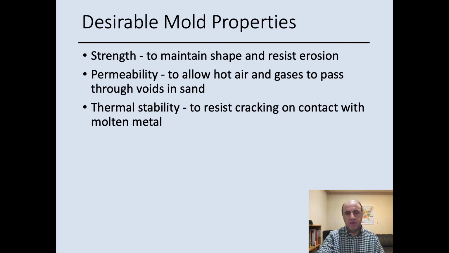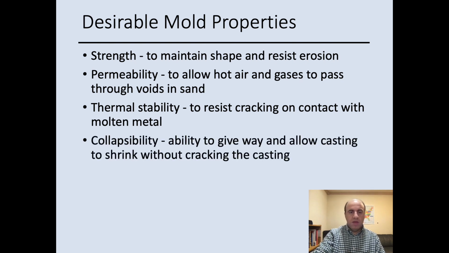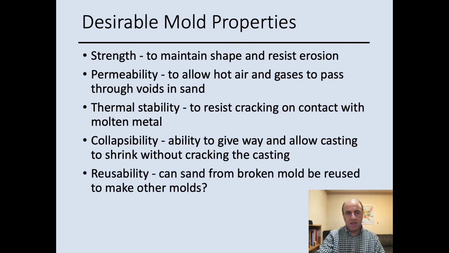And thermal stability is another factor that should be considered. If you have a high thermal stability, the mold can resist cracking in contact with the molten metal. The next one is collapsibility, or ability to give way and allow casting to shrink without cracking the casting. Last one is reusability.